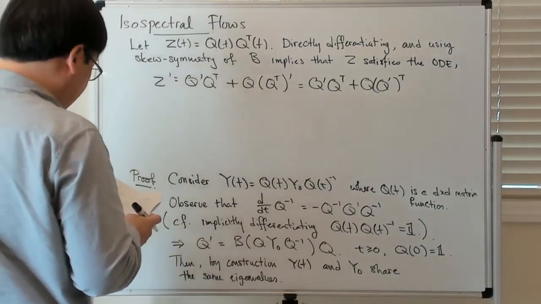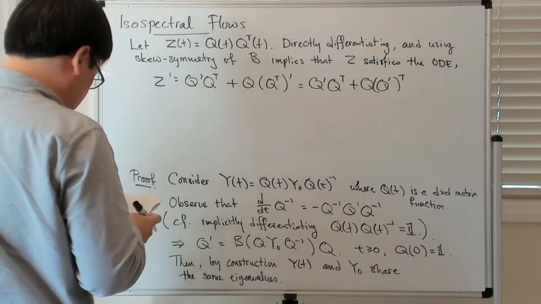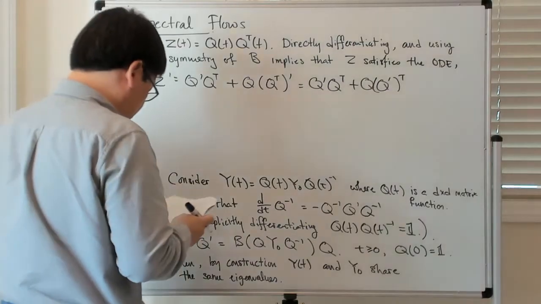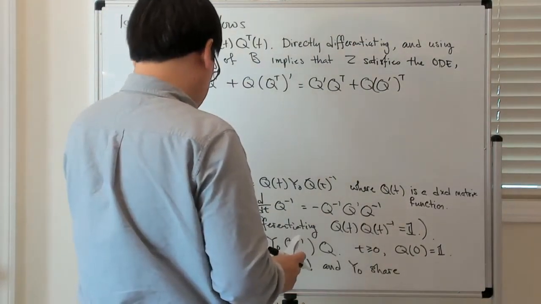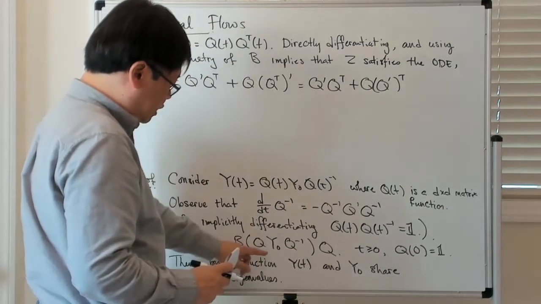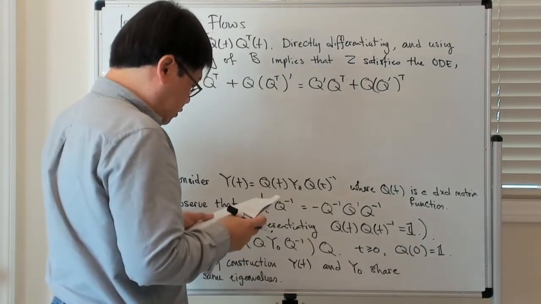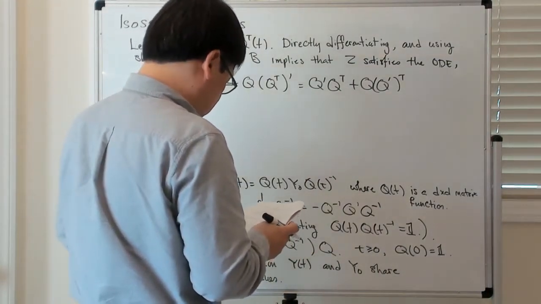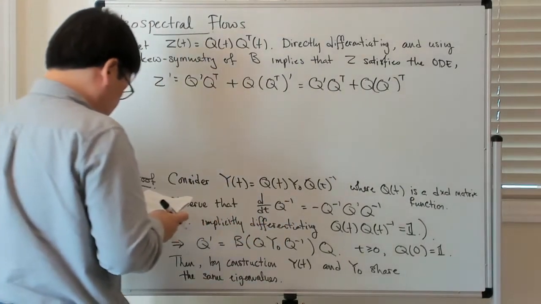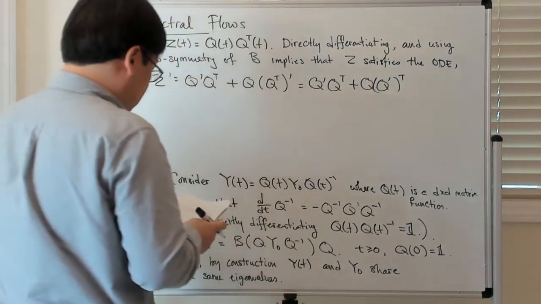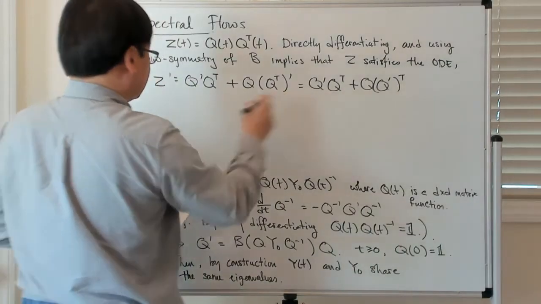But we had an equation for Q prime, right? So Q prime is equal to B of Y times Q. Let me substitute it into this.